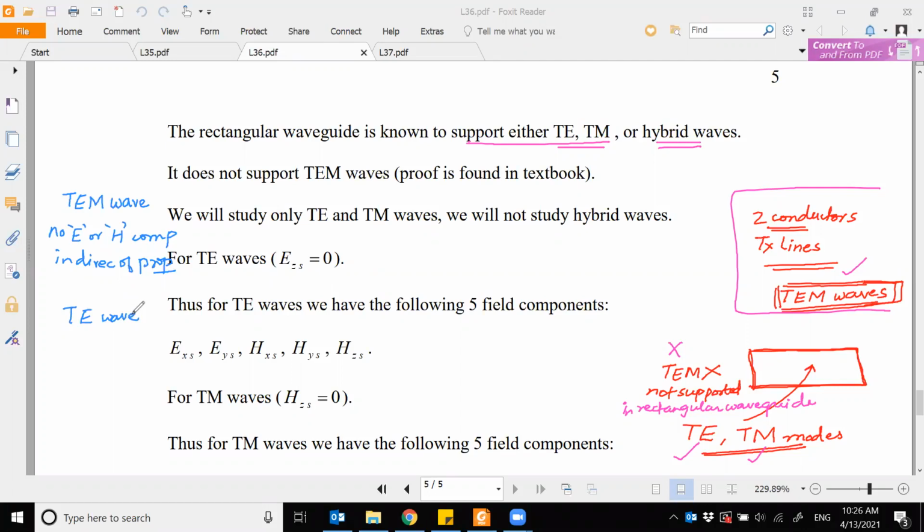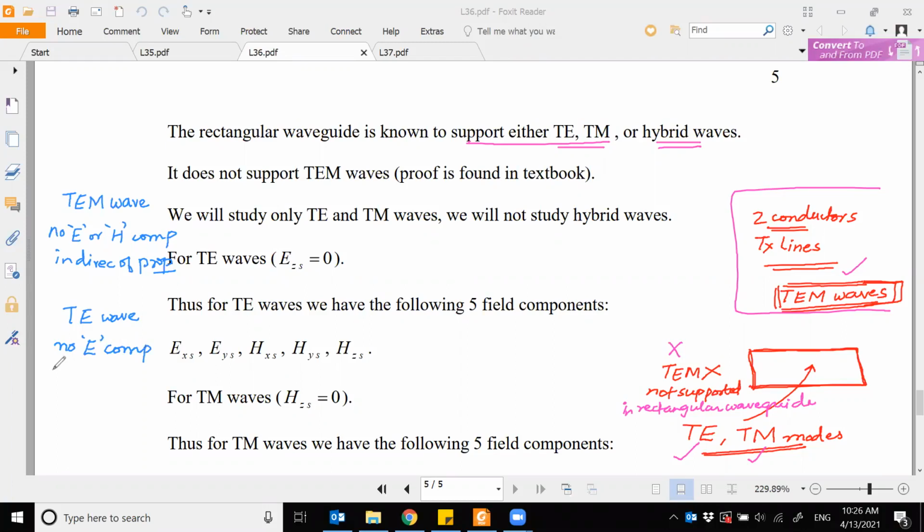Can anybody help me? Hussein, for the TE wave, what will happen? No E component will be there in the direction of propagation, or no H component? No E component, not H component.